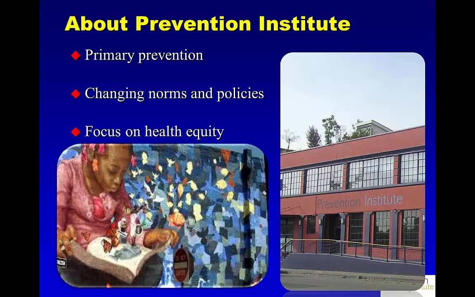Also wanted to emphasize from the very beginning that when we talk about prevention, we're talking about everyone, but there are certain groups that are particularly disenfranchised, that are particularly in need of health services, in part because the quality of prevention work just isn't there. And so we really, really have always emphasized health equity.